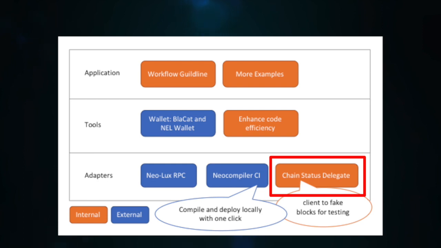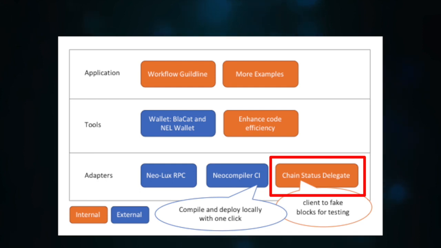It's also a very awesome plan, which means that, on the client side when you are debugging, you can call some client-side code to generate a fake block with whatever content you want to put in there, or maybe just fast forward the chain block generation to reach some time in the future in a very short time. You don't need to wait until the chain reaches the next block anymore.